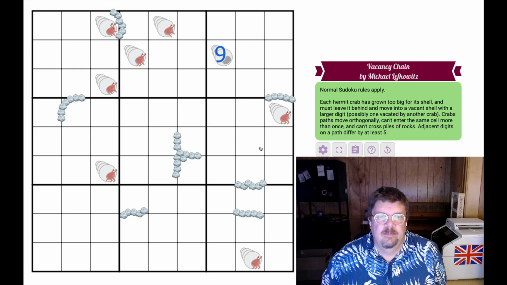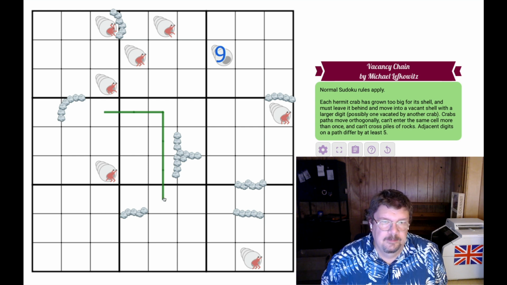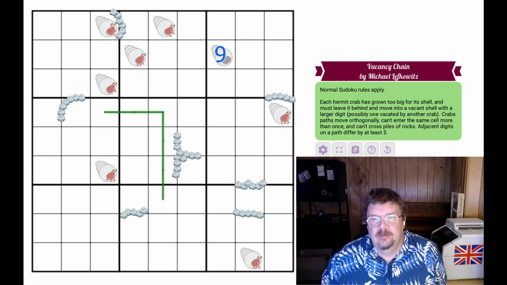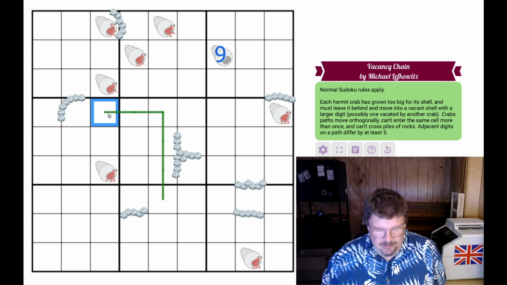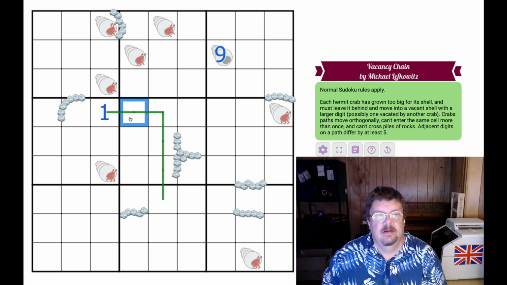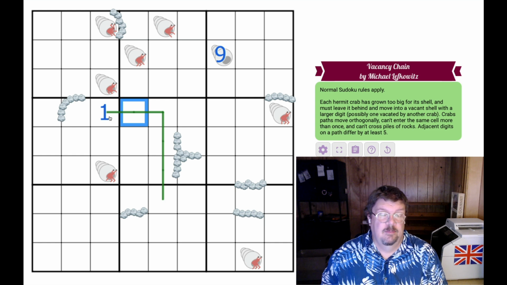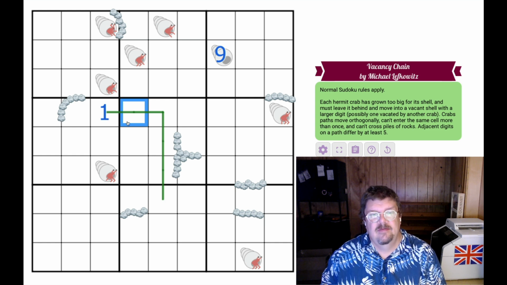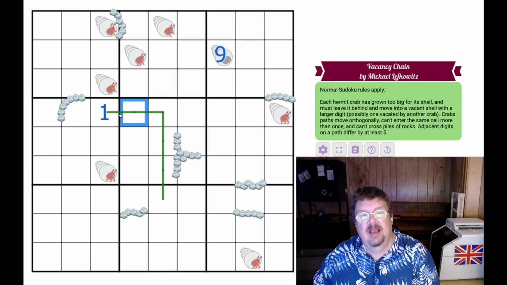Yeah, let's draw a bit of line in again because there are some useful things we can talk about. We've already discussed how we can't put a 5 on the line. The next thing is digits are going to alternate between high and low. Because if, say, we put a 1 here, which is below 5, then even if we go at least 5 away, that has to be at least 6, right?